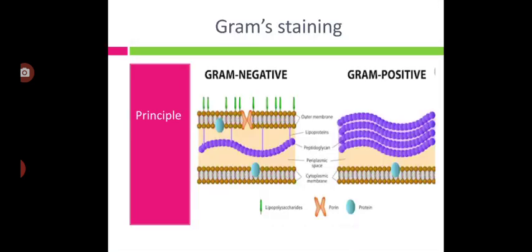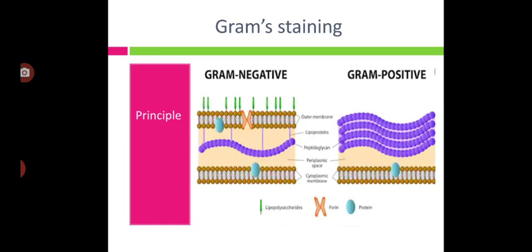Coming to the principle, the principle of gram staining mainly depends on the cell wall structure of gram positive and gram negative bacteria. The difference in the cell wall of gram positive and gram negative bacteria is the difference in the thickness of the peptidoglycan layer.